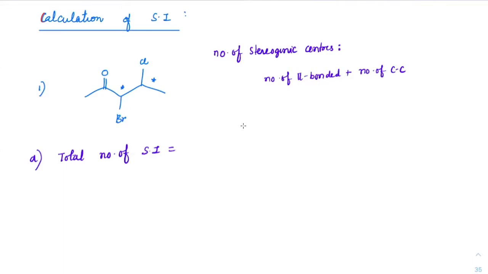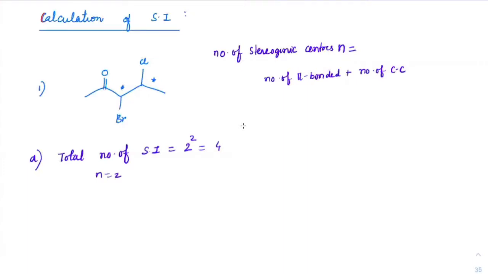Correct? So total number of stereoisomers, how many will you have? 2 raised to the power n, because n is 2 here. So therefore 4. All of you got this?